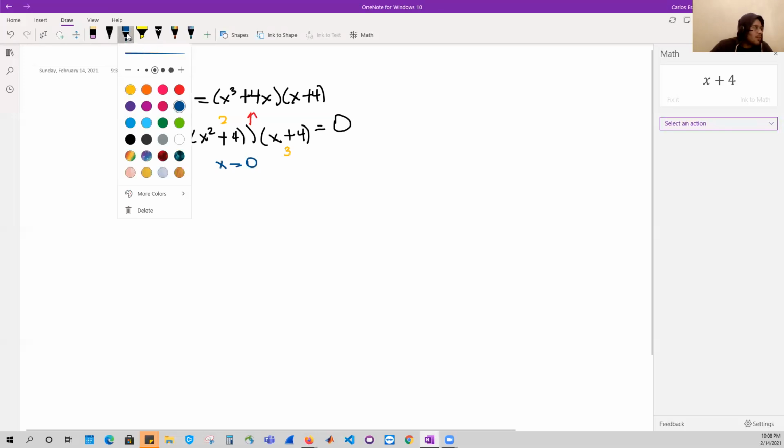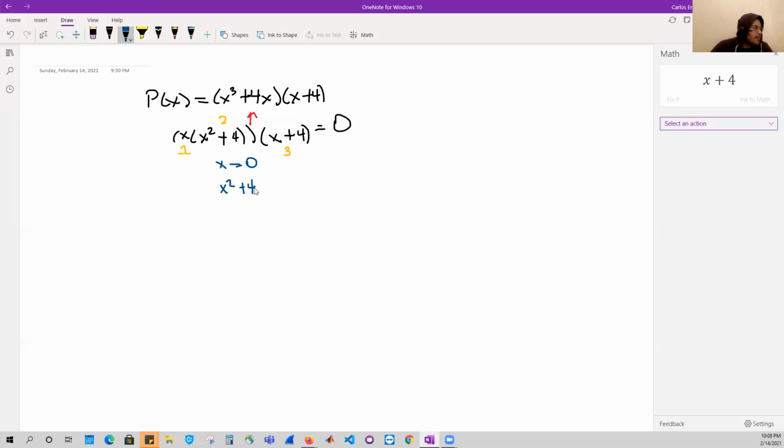For the second one, we have x squared plus 4 equal to 0. If we want to solve for x, we would do x squared equals minus 4. And we would apply the square root to both sides, right? So square root, or elevating both sides to 1/2.